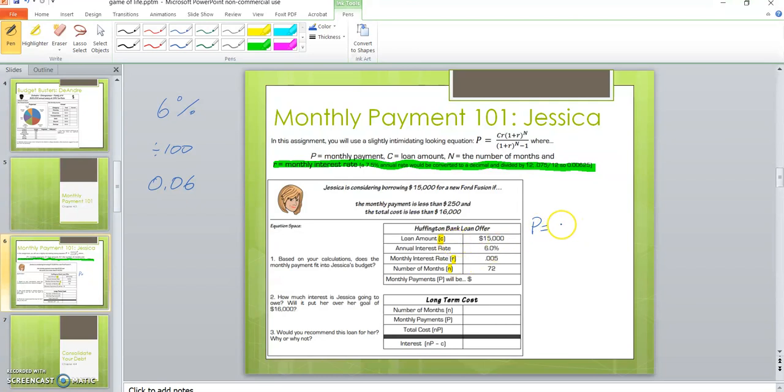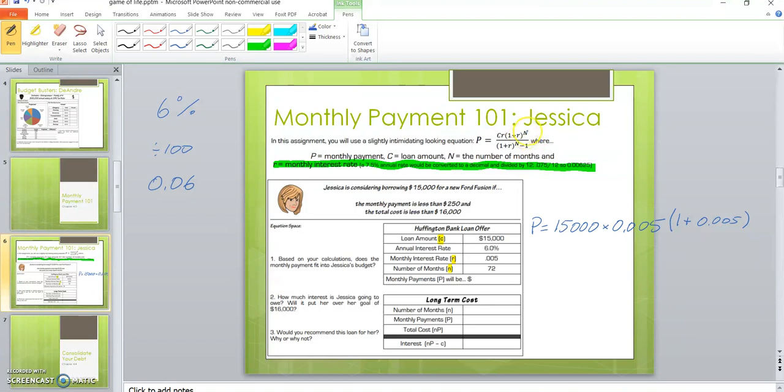Our C is $15,000, so we're going to put 15,000. Whenever two letters are right beside each other, that means we're going to be multiplying, so I'm just going to put a little x here to multiply by 0.005. And then in brackets, I've got 1 plus 0.005.